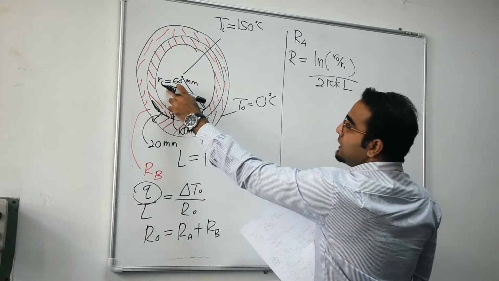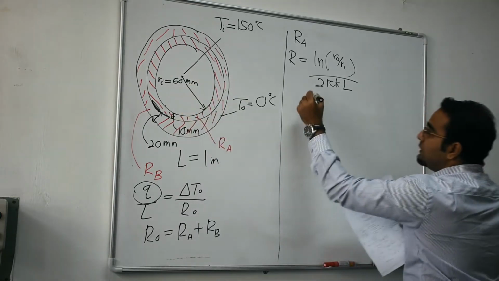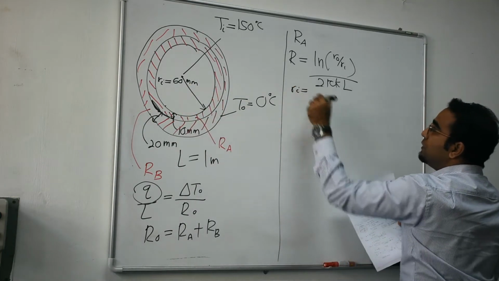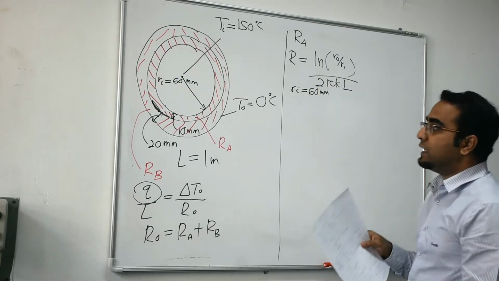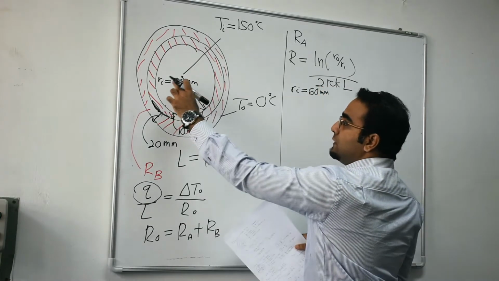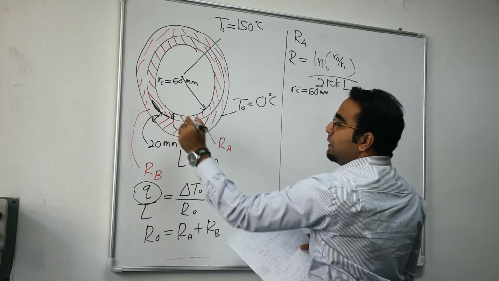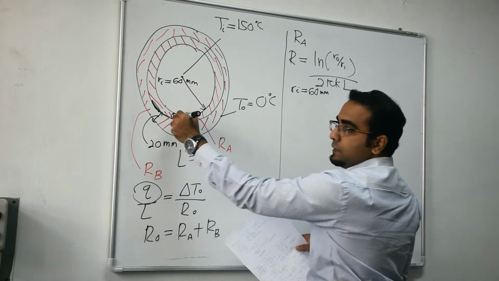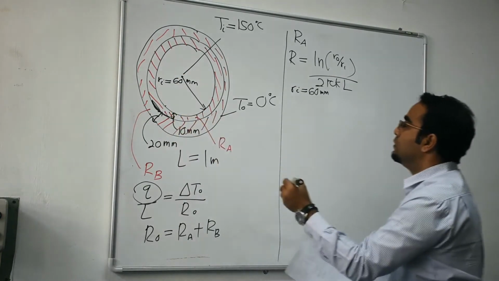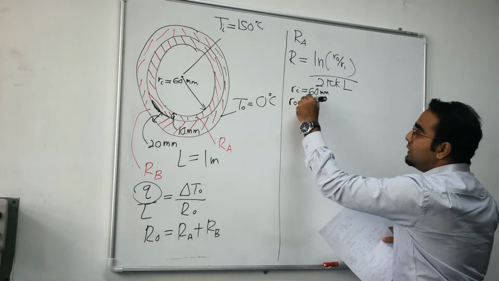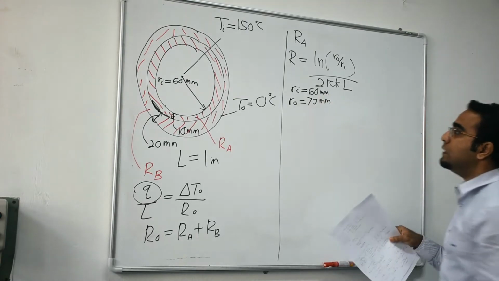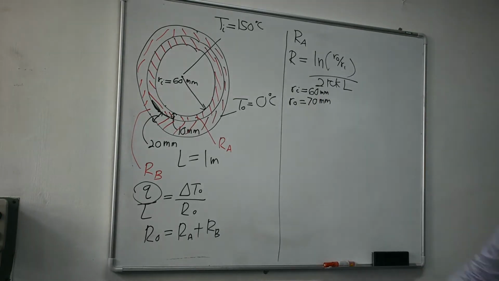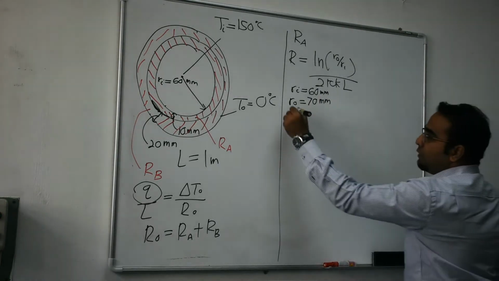So inside diameter we know is 60. So Ri is equal to 60 mm. For the outside diameter, it is going to be outside radius, 60 mm plus another 10 for the thickness. So we can say Ro is equal to 70 mm. So based on this, we have all the information. So we can solve for the value of Ra.